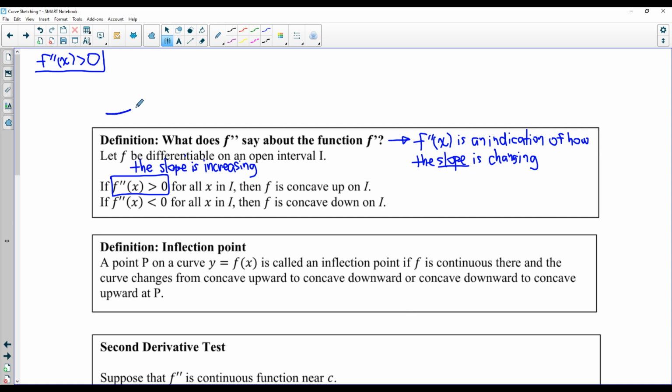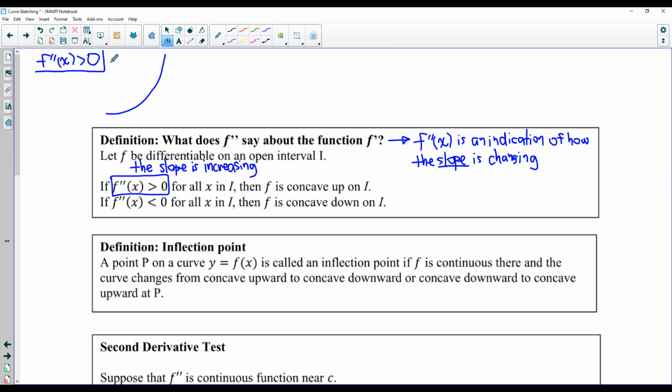So we could have a curve that starts down here and it goes up like that. That definitely is an example of a situation where the slope is increasing, because from left to right, if you were to draw tangent lines at various points, the tangent is very horizontal to start off with. And as you go further towards the right, the tangent line becomes steeper and steeper.